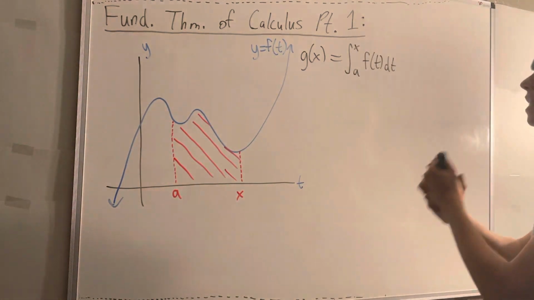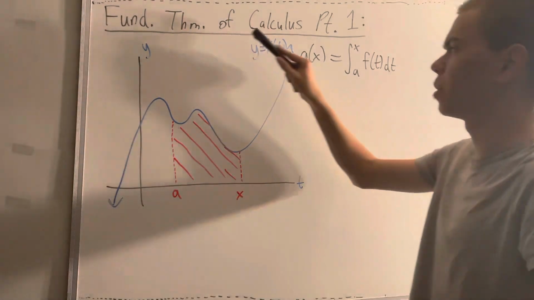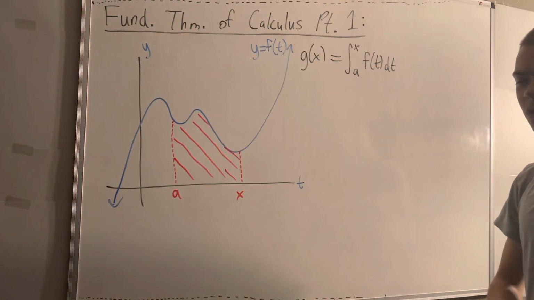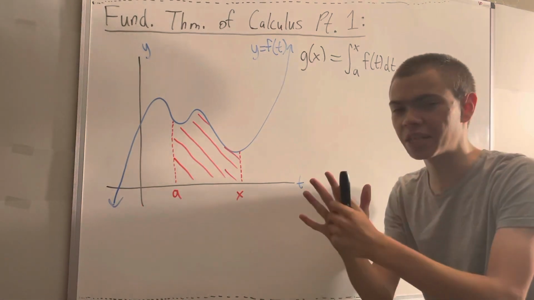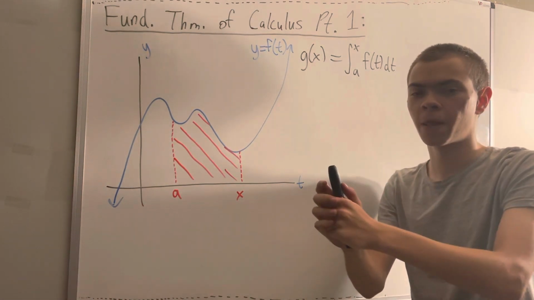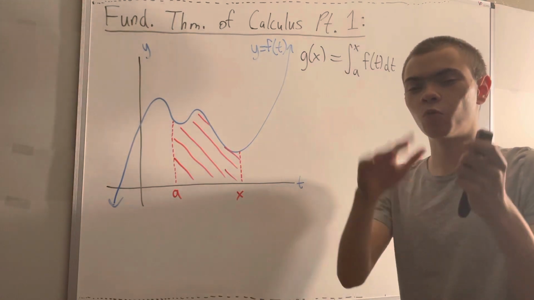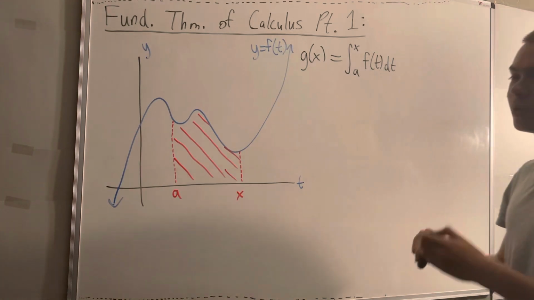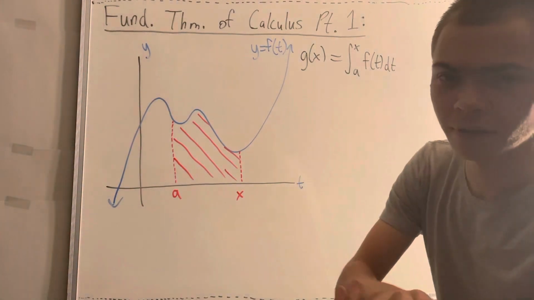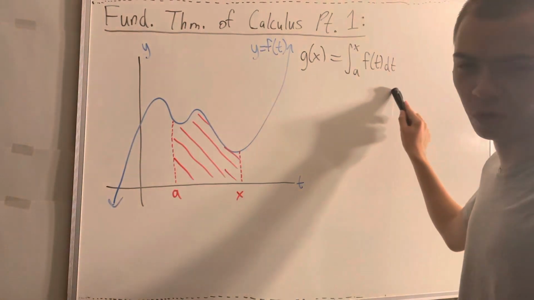And so the whole idea of the fundamental theorem of calculus part 1 is, what is the rate at which area is accumulated underneath a curve? And when we're finding the rate at which area is accumulated under the curve, all that really is, is the derivative of an integral.